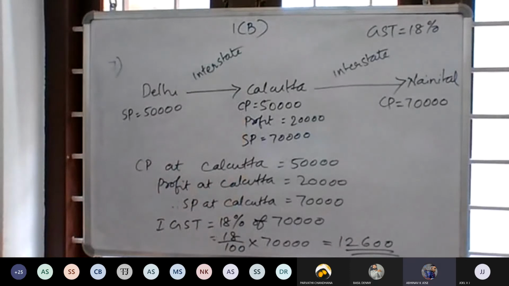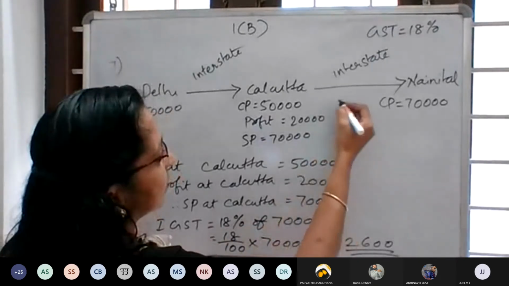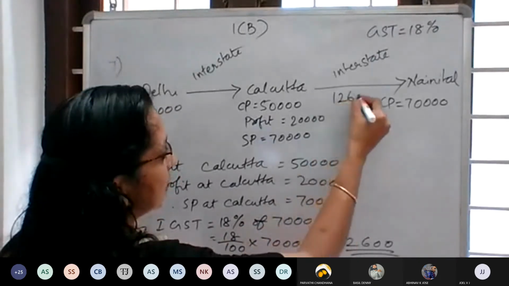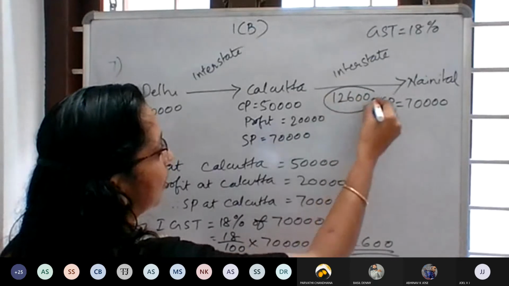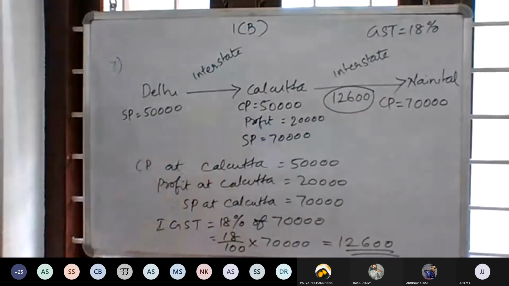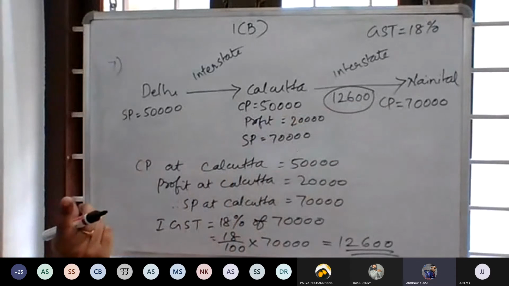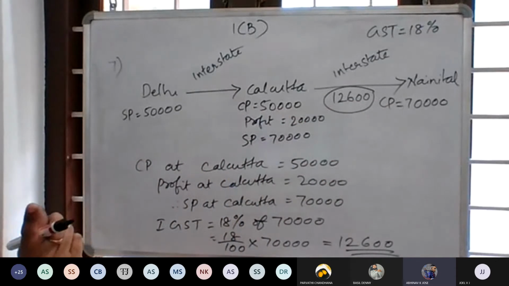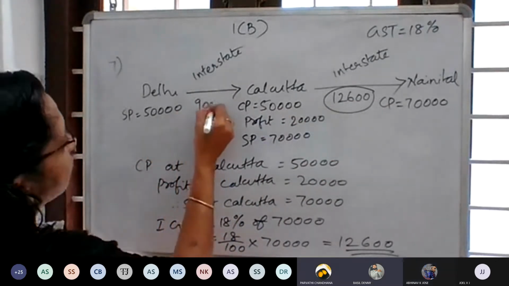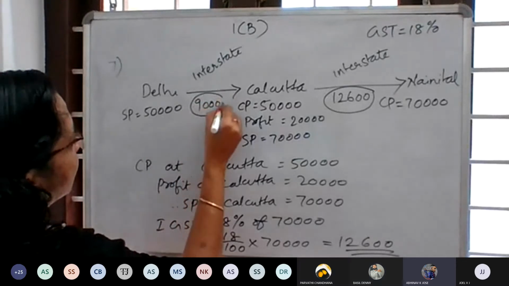So from Delhi to Calcutta transaction, this GST we got as 12,600. What about here? We got 9,000.